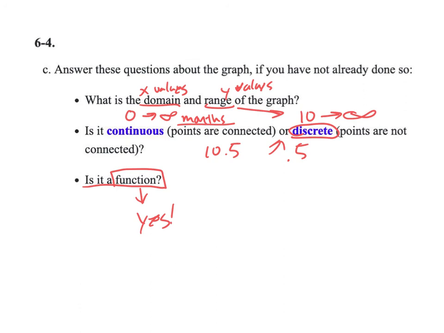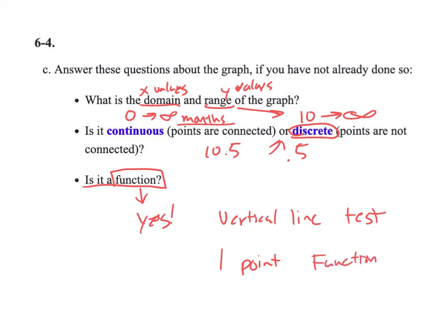The test for doing something like this is called the vertical line test. Basically it means this: if you can draw a vertical line anywhere on the graph and it only touches one point, then it passes the vertical line test, which makes it a function.